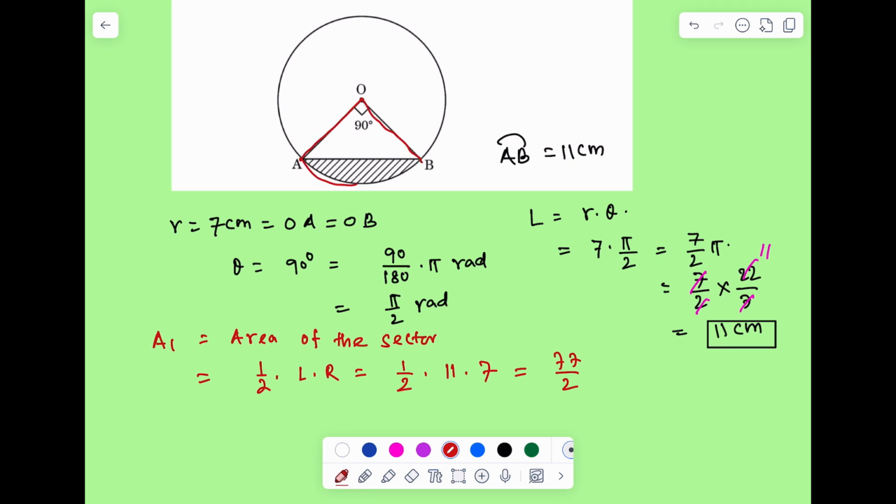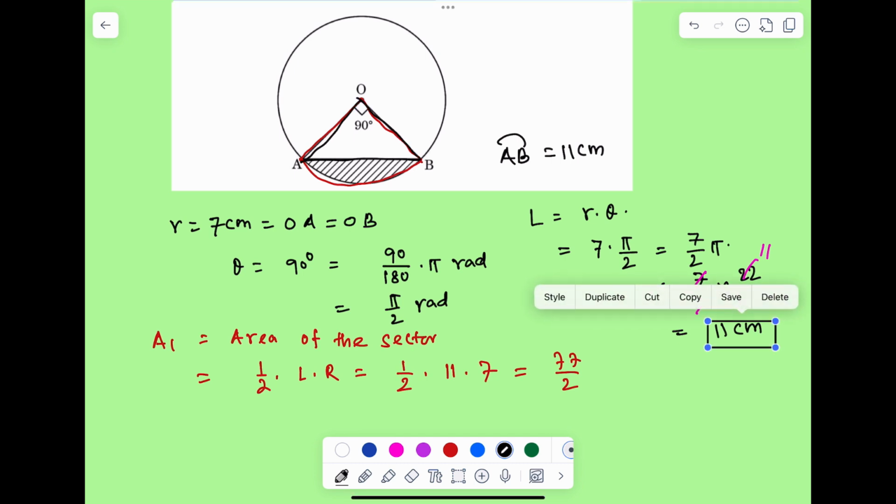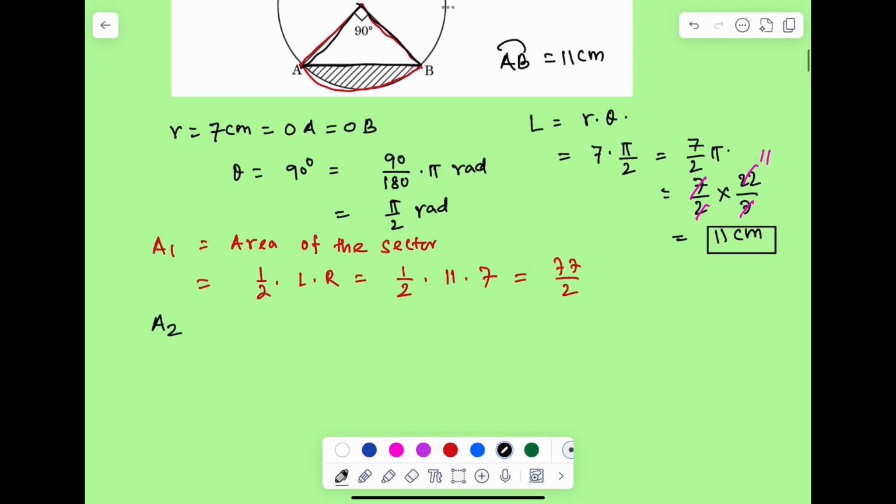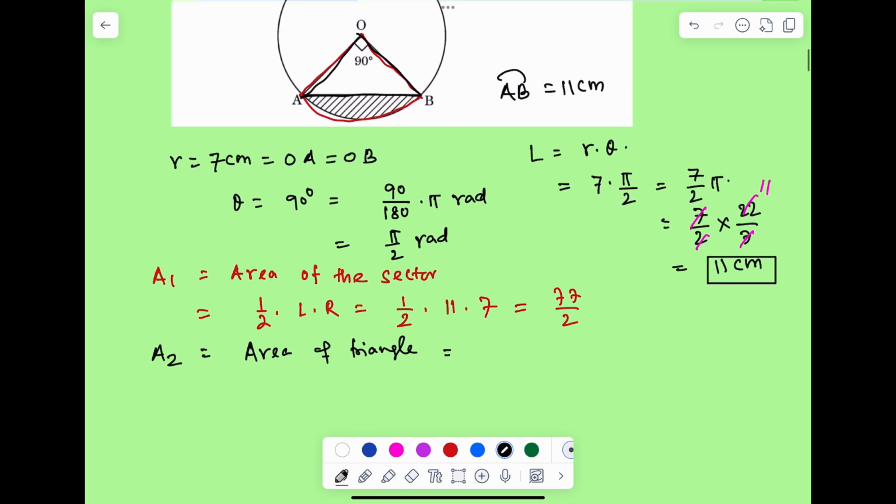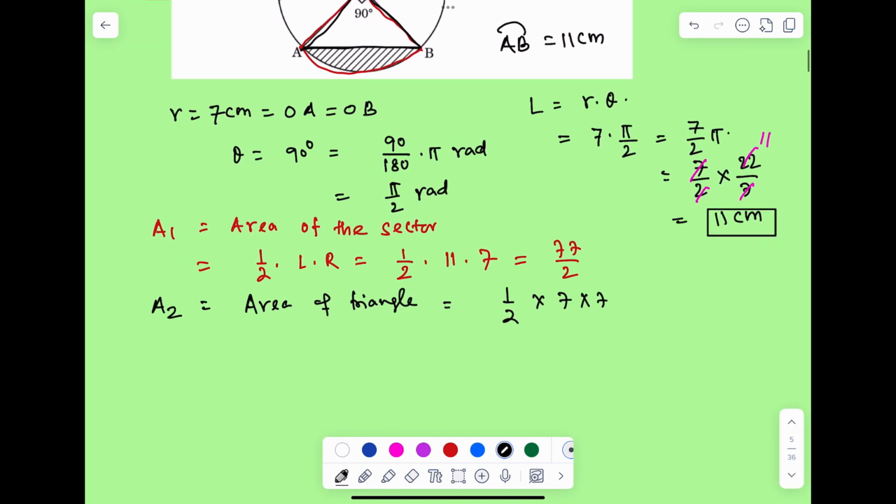and we have to subtract the area of this triangle AOB. Then the area of the triangle AOB is A2. Area of triangle is equal to half base into height, half into 7 into 7, that is equal to 49 by 2.